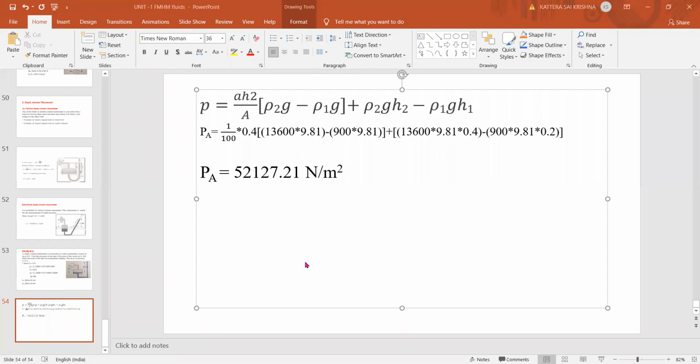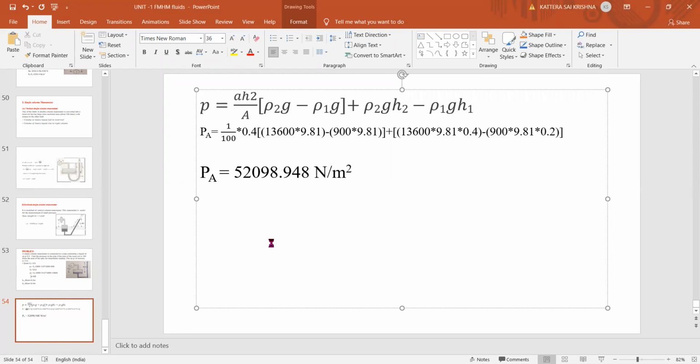That is the correct one, sir. 52098.948 Newton per meter square is correct. Yes, Shashi, are you here? Tell the answer. Same, sir.